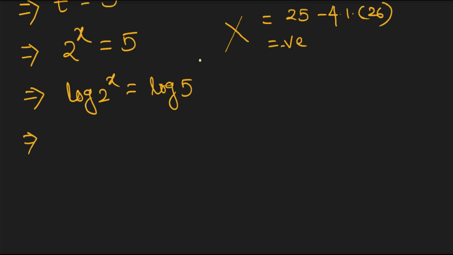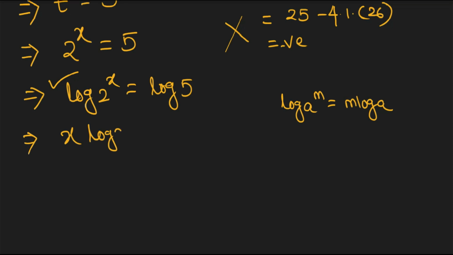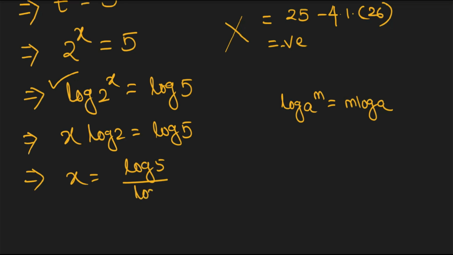We know log a to the power m is equal to m log a, so we can write x log 2 is equal to log 5. Now the value of x is log 5 divided by log 2, and this expression we can write as log 5 base 2. Hence the value of x is log 5 base 2.